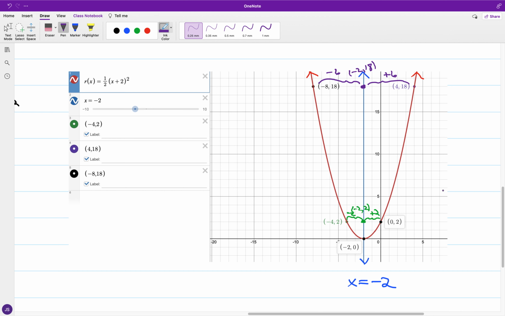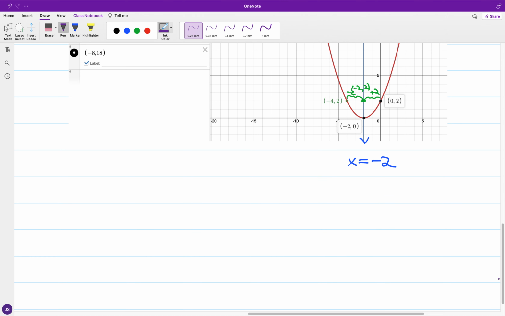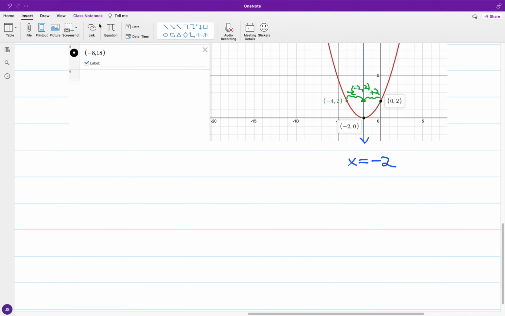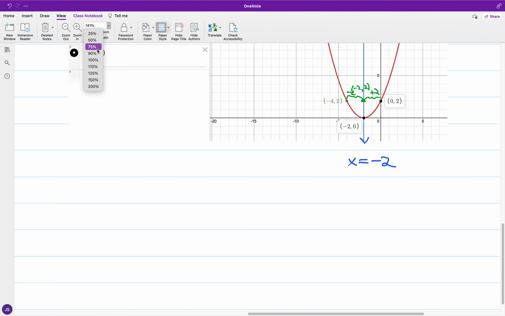All right, now looking at alternating between standard and vertex forms of quadratic function presentations.